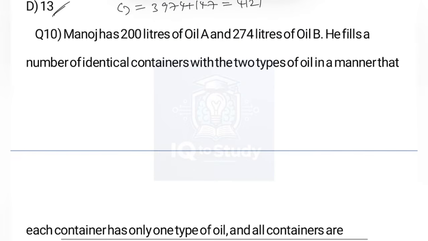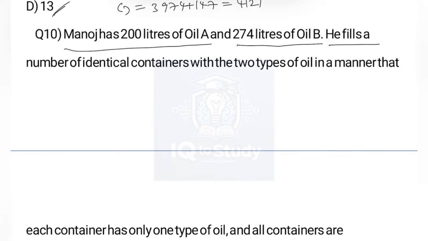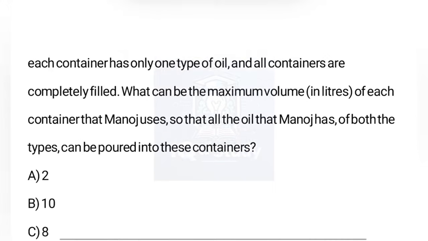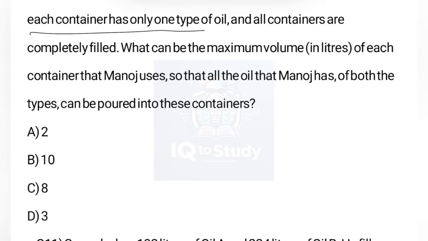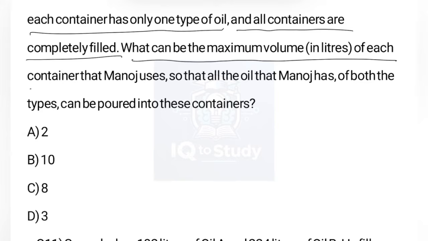Manoj has 200 liters of oil A and 274 liters of oil B. He fills a number of identical containers with the two types of oil in a manner that each container has only one type of oil and all containers are completely filled. What can be the maximum volume of each container that Manoj uses so that all the oil that Manoj has of both the types can be poured into these containers?